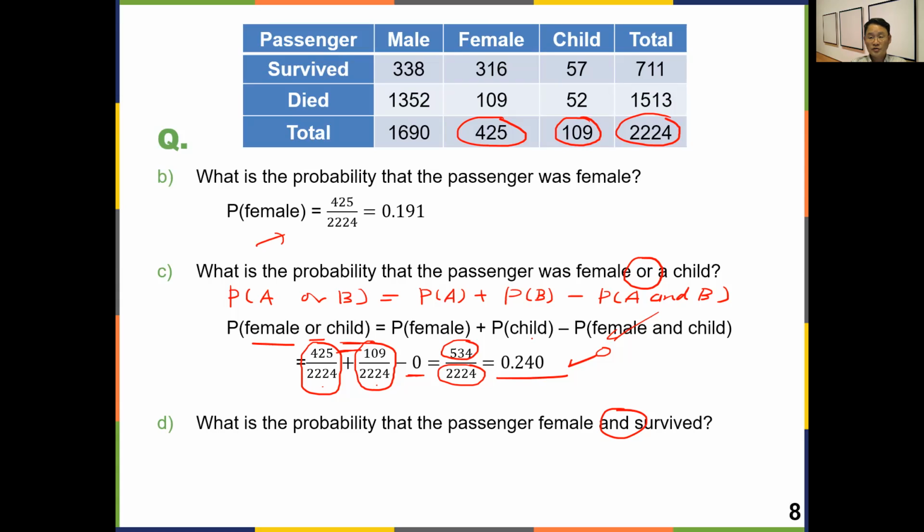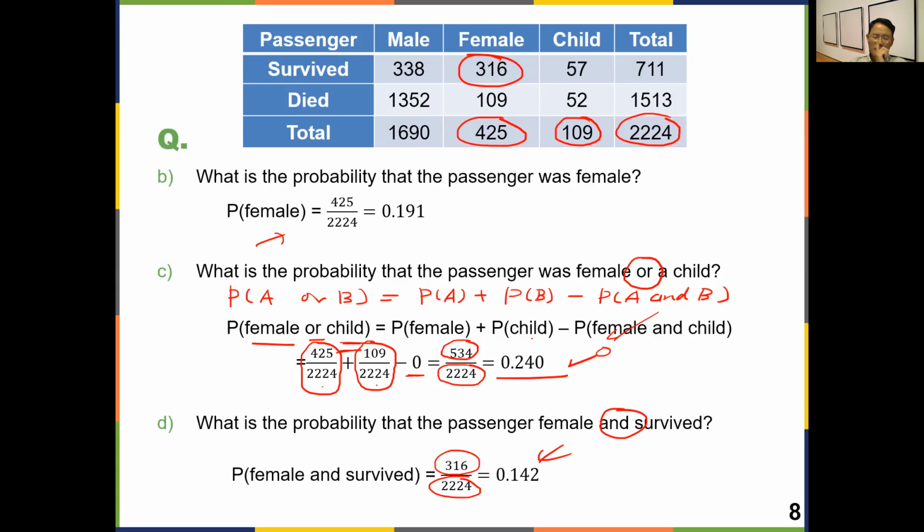All you need to do is spot that cell, female and survive. Can you see that number? I see right there, female and survive: 316. So you can just spot this out of the total. Type it in your calculator, then you get this answer.